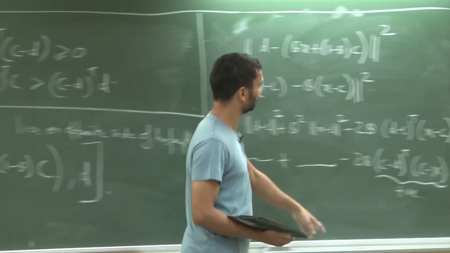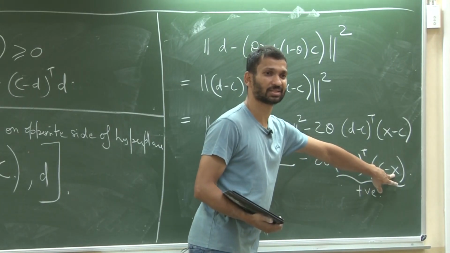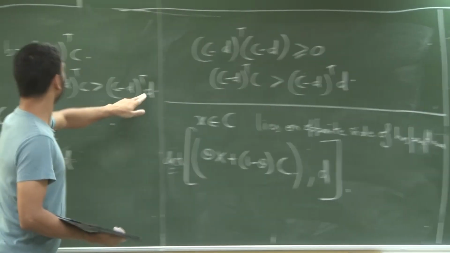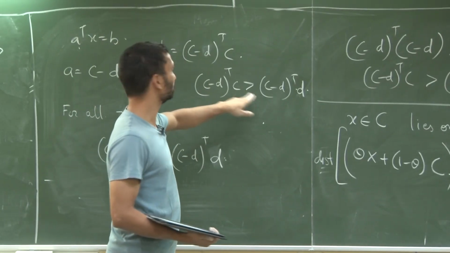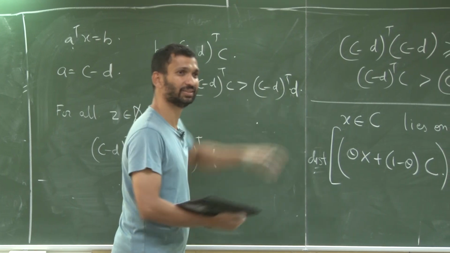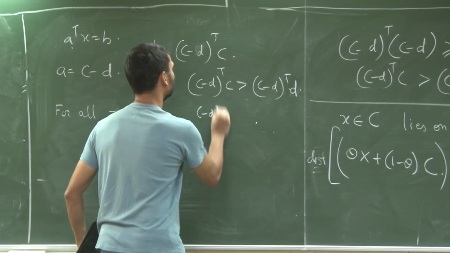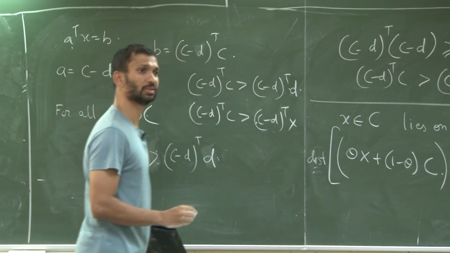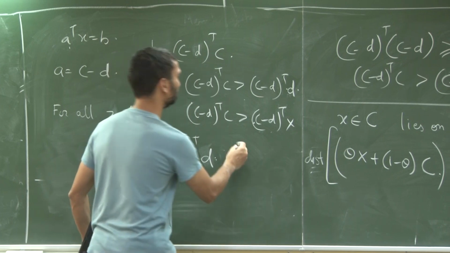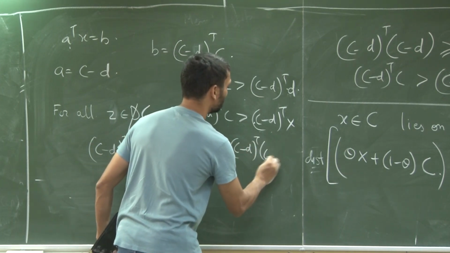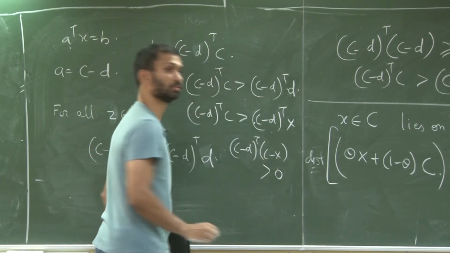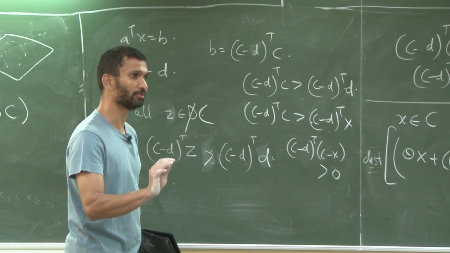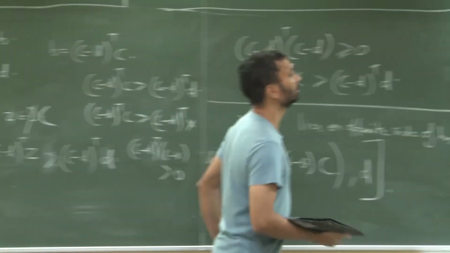So then C is bigger than x. X is the smaller side. D is smaller than this, and x lies on the D side. So that means C minus D transpose C minus X is positive. Okay? Now I'm fine. Great.